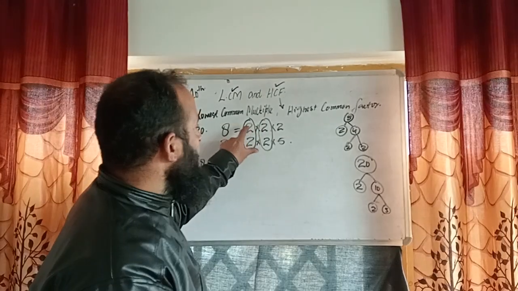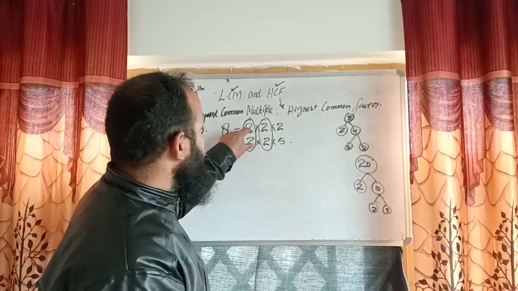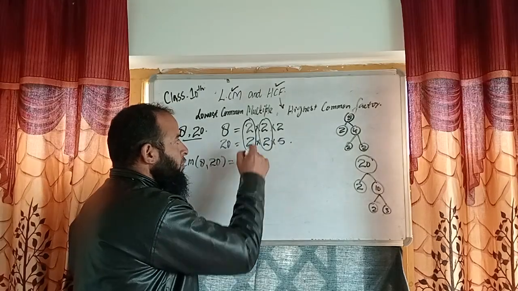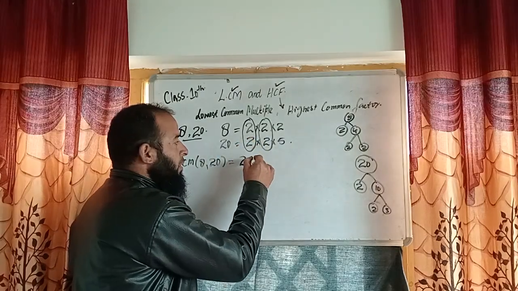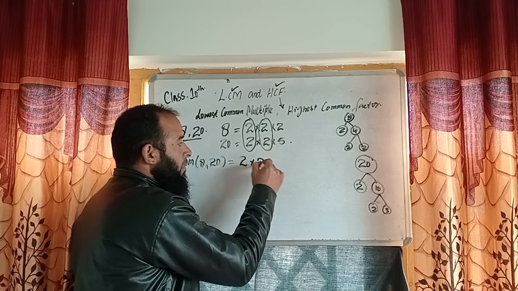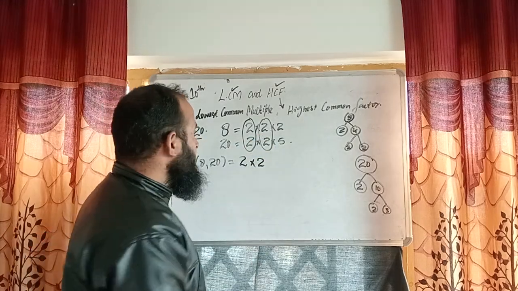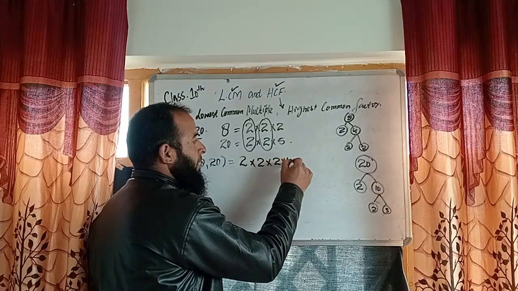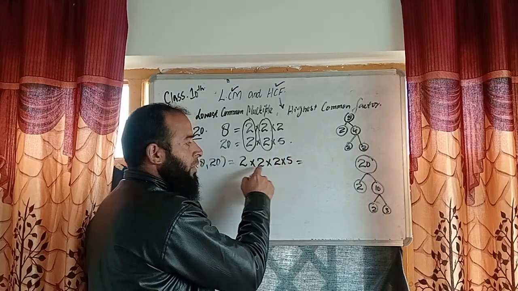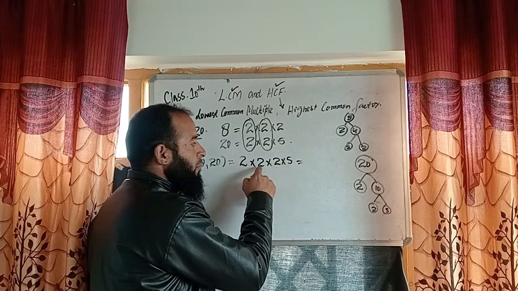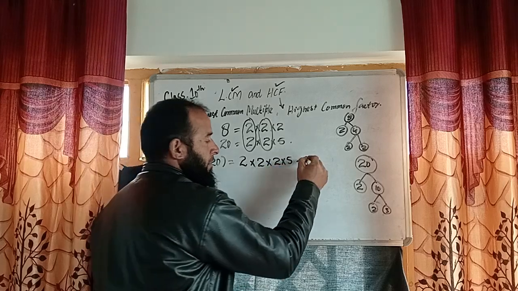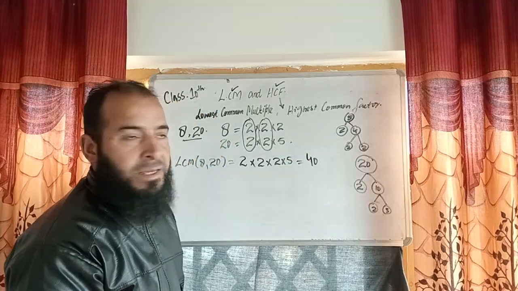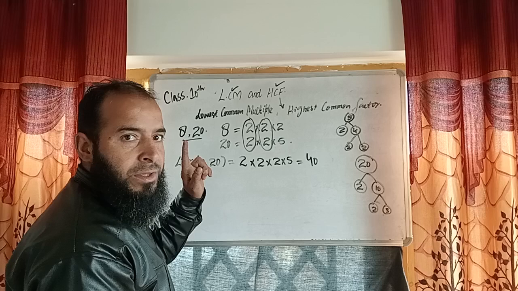To find the LCM we will take 2 from these two pairs, and the remaining are 2 and 5. This is 2 cross 2 cross 2 cross 5. 2 2s are 4, 2 4s are 8, and 8 5s are 40. This will be the LCM of 8 and 20.